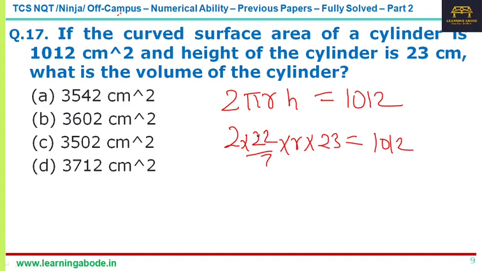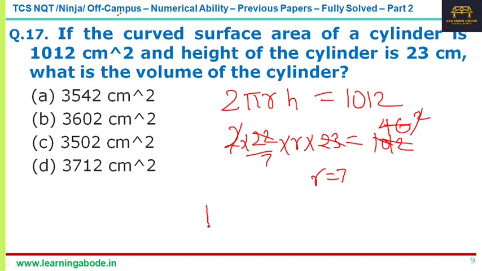Now 22, if I simplify, because this is a multiple of 11, you can use the divisibility test for 11. So this is like 4 times 88, and 132 is 6, and 23 is 2. Now this 2 and this 2 will get cancelled. You will get r equal to 7.